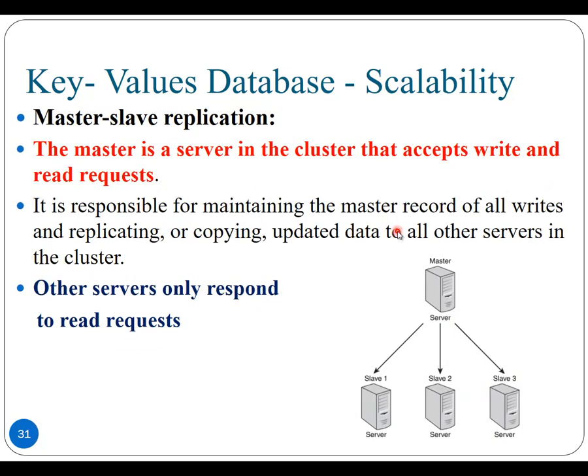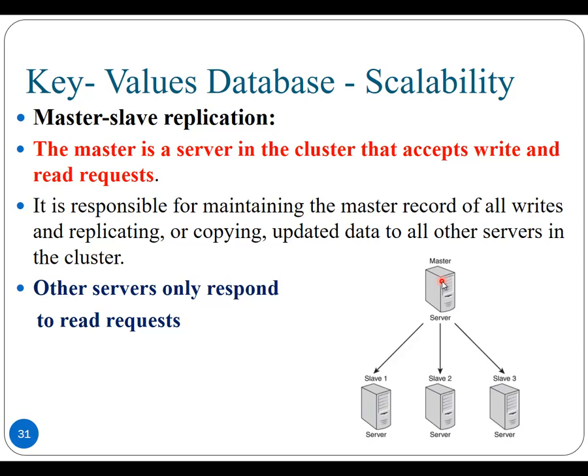In the master-slave replication, the master is a server in the cluster that accepts write and read requests. Okay, you see here the master slave. This is the master, and these are three slaves. The master node can do read and write operations.